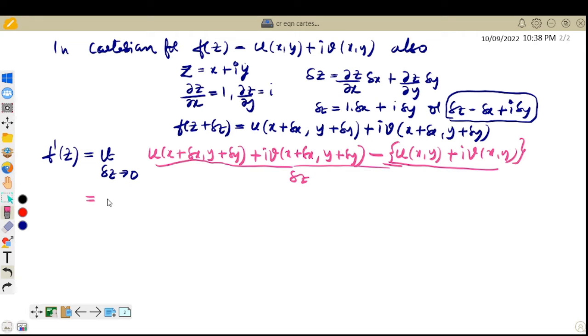Okay, so in the next step I am going to take real and imaginary parts separately. Limit as Δz tends to 0. Real parts are u, imaginary parts are v here.